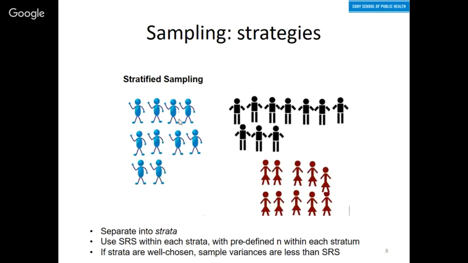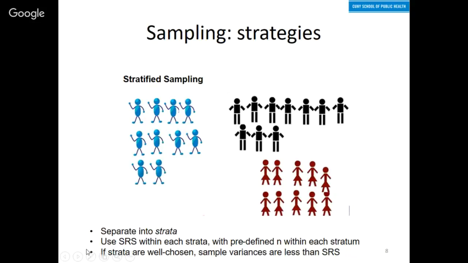And so you oversample from the lower prevalence strata in the population, and you undersample from the high prevalence ones. This allows you to get better inference across all of the strata that exist in the population, as long as you account for it in your analysis.